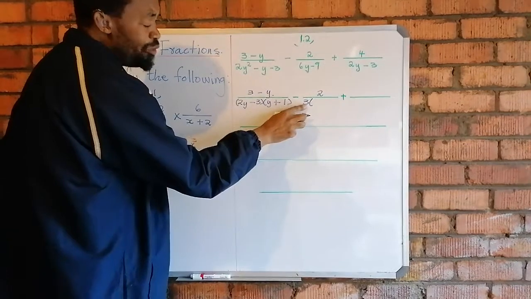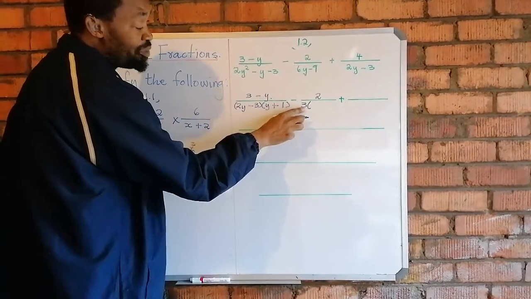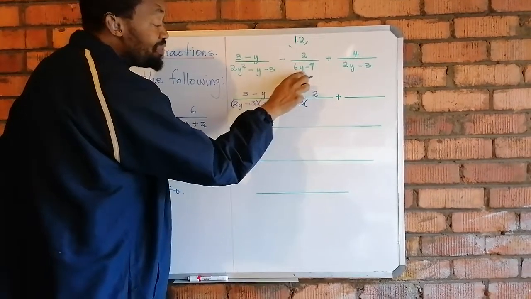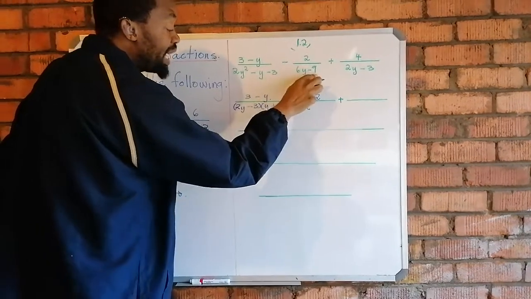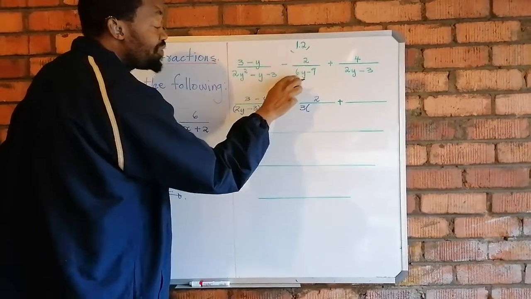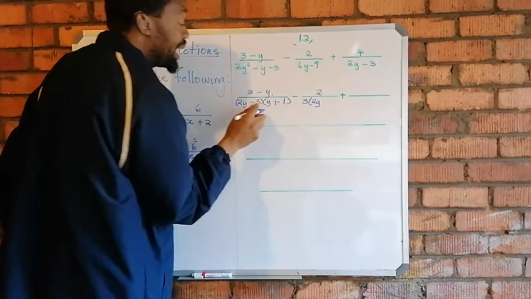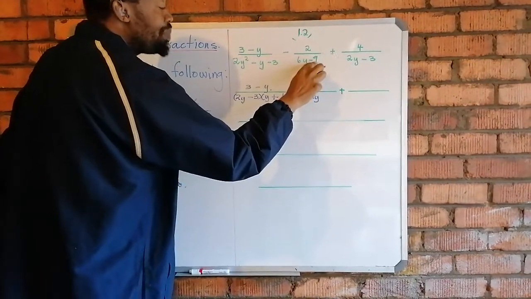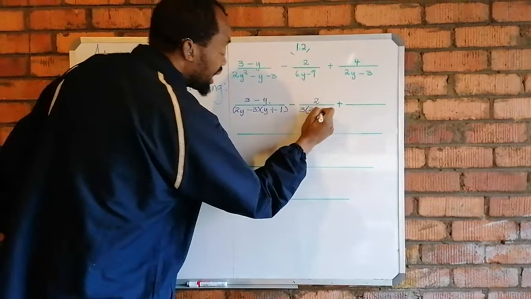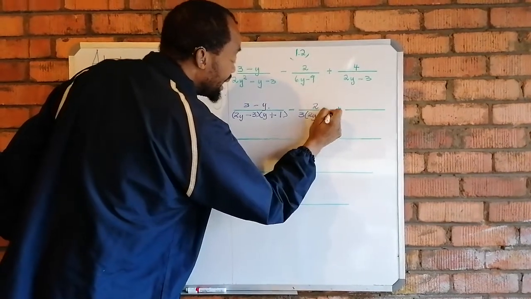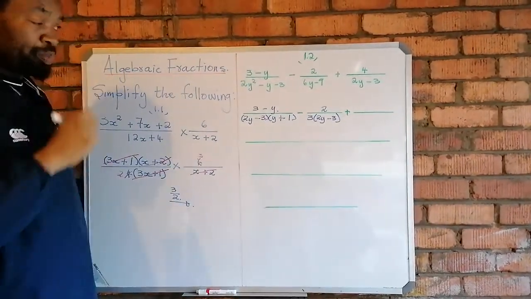Now, removing 3 as the highest common factor is the same as dividing each term by 3. When I divide 6y by 3, I get a 2y. When I divide minus 9 by a 3, I get a minus 3. That is so beautiful.